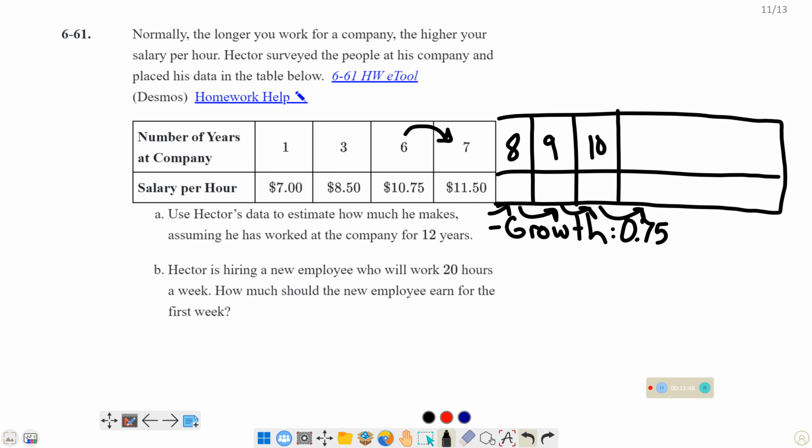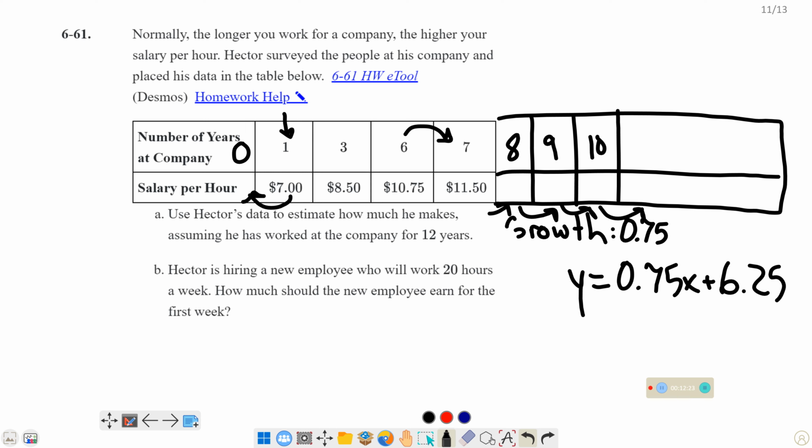If you prefer using a rule to figure it out, you're going to have to go back and find the beginning value. Because the beginning value, a new hire, makes less than this. You have to use the growth and count backwards. Once you know the beginning value and the growth, you have a rule. Y equals 0.75x plus the beginning value.